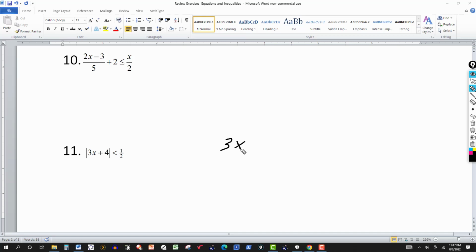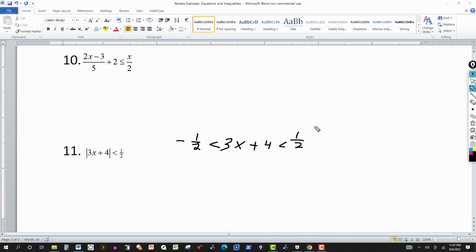If you want to solve this one, so this one can be written as, we can remove the absolute value by writing it this way. The absolute value of 3x plus 4 is less than 1/2, means that 3x plus 4 has to fall between 1/2 and minus 1/2.